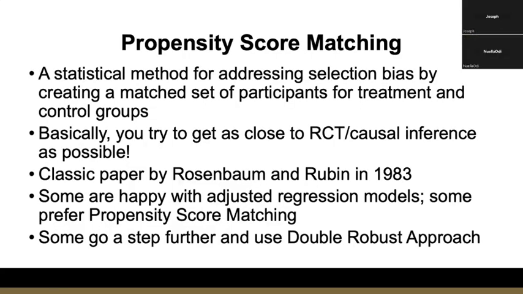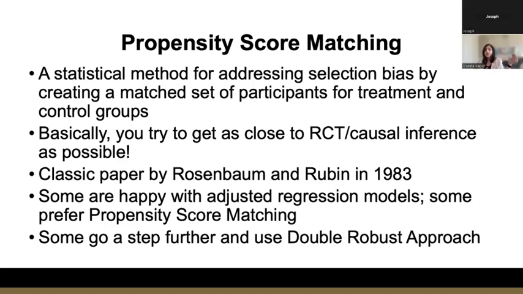Okay, so now I'll begin talking about propensity score matching. This is a statistical method for addressing selection bias by creating a matched set of participants for treatment and control groups. So what we are trying to do is take care of that selection bias that we saw is kind of inherent in observational studies.